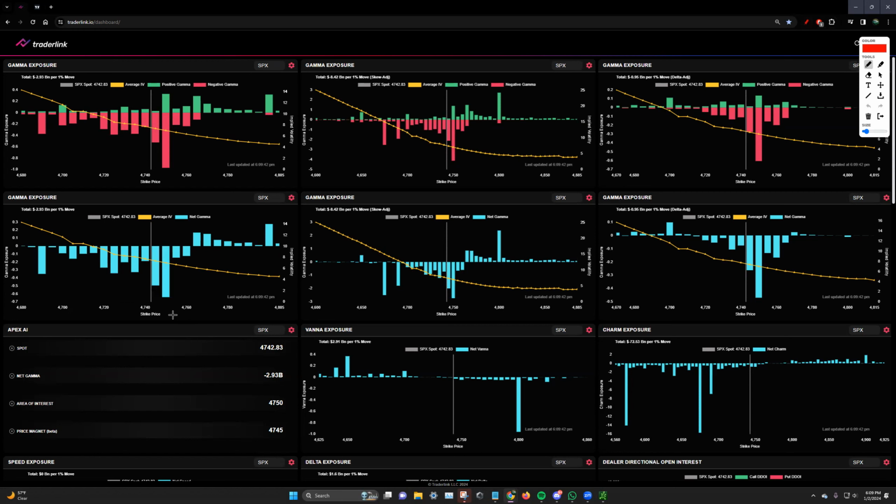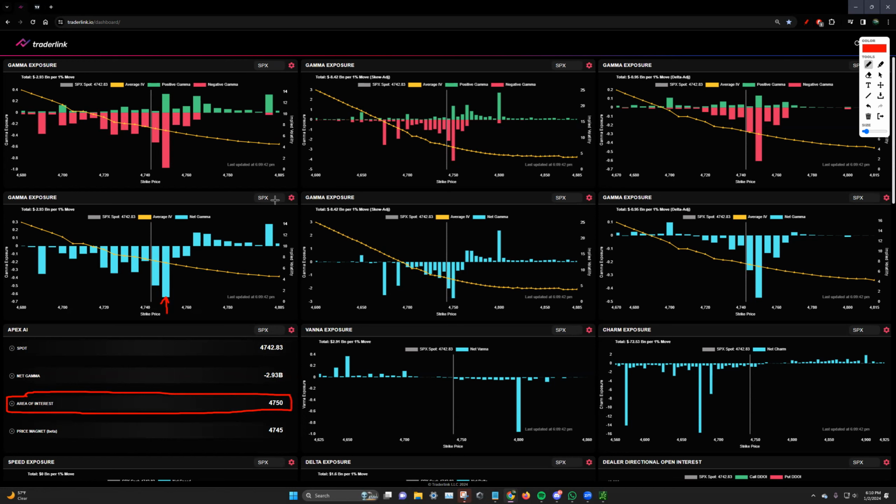And with that being said, it is the largest exposure on the net raw chart. As you can tell, right here is the 4750 AOI. And we already have the data marked out for you for those who don't know about this already. But it's just the largest net exposure on the raw chart.